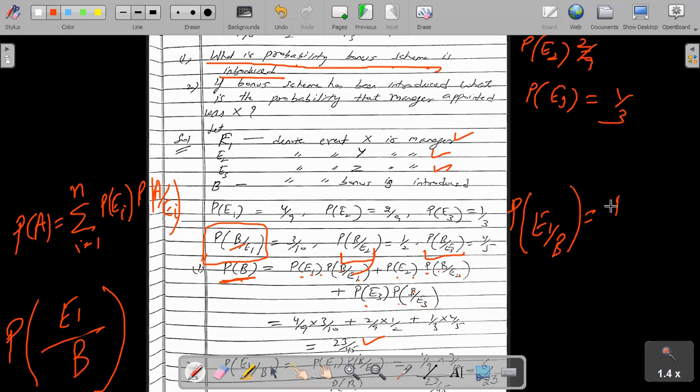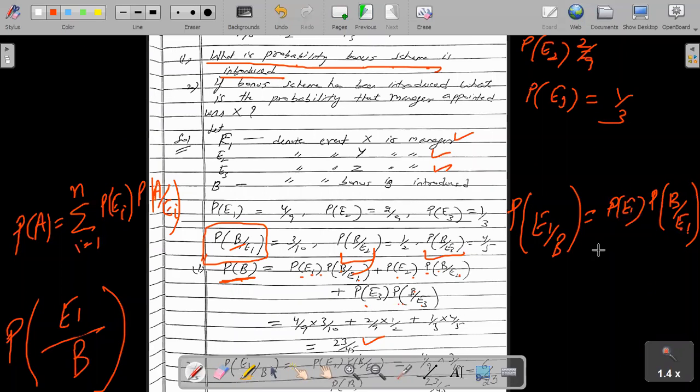So probability of E1 mod B कितनी हो जाएगी? ऊपर probability of E1 आएगा. देखो इसको याद कैसे रखते हैं? यहाँ पे B mod E1 उल्टा हो जाता है. तो हमें पता है जो डिनोमिनेटर में होता है वही न्यूमरेटर में आता है.